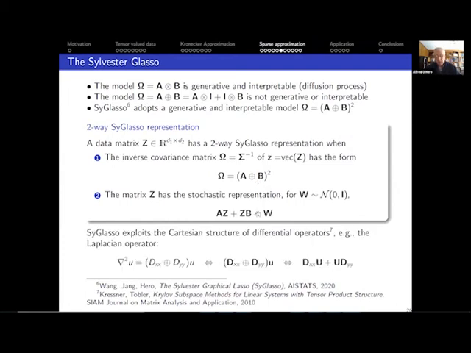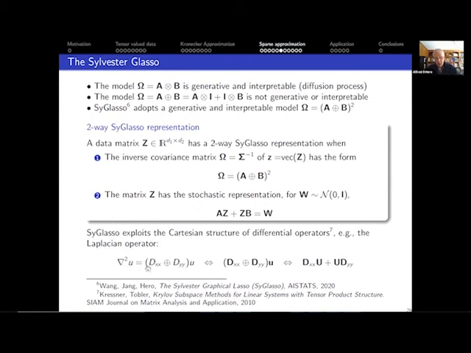And Z is the output of a filter that is of Sylvester form, right? Left multiplication by filter coefficients A and right multiplication by filter coefficients B. If Z, for example, is a time by space matrix or flattened tensor.